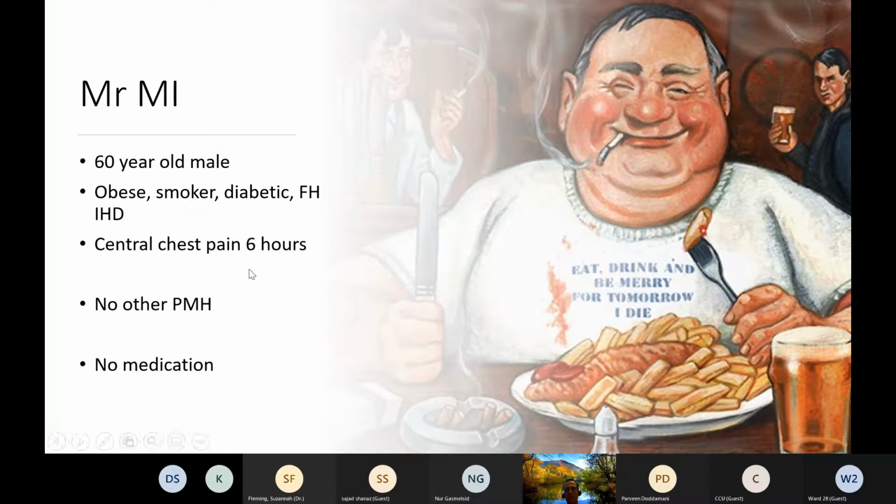So, yeah, that's my question. Could this be unstable angina with 6 hours of central chest pain? The point I want to make here is that if you have chest pain for more than 15 minutes, you would really expect it to be associated with a troponin release if it's ischemic.